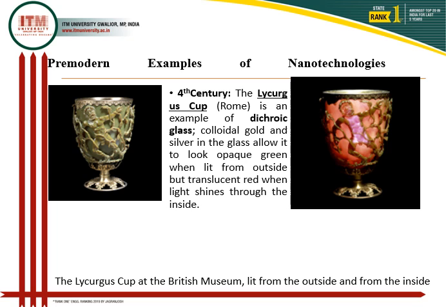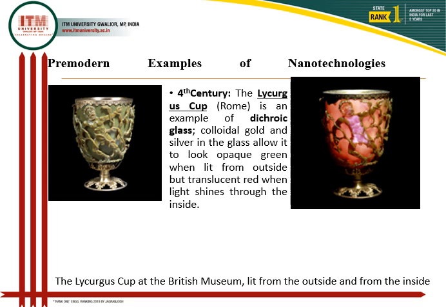One of the interesting examples from the past is the Lycurgus cup in Rome. This is an example of dichroic glass, two colors.